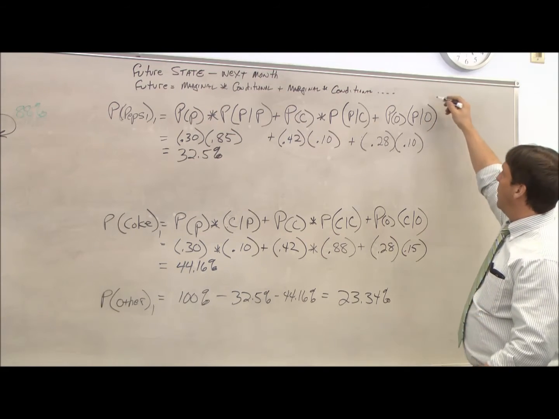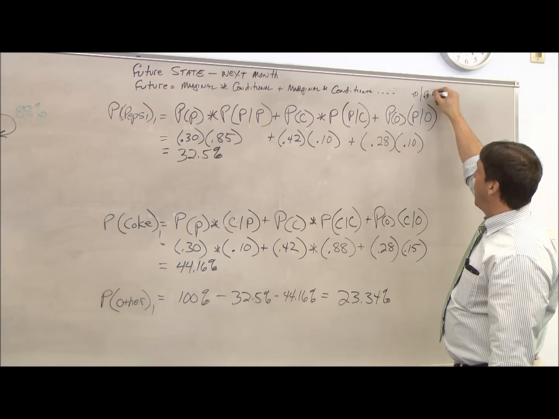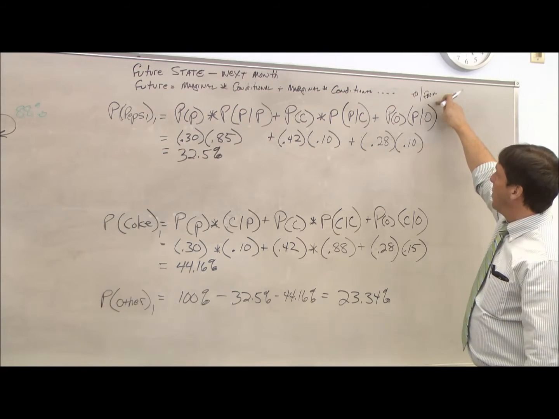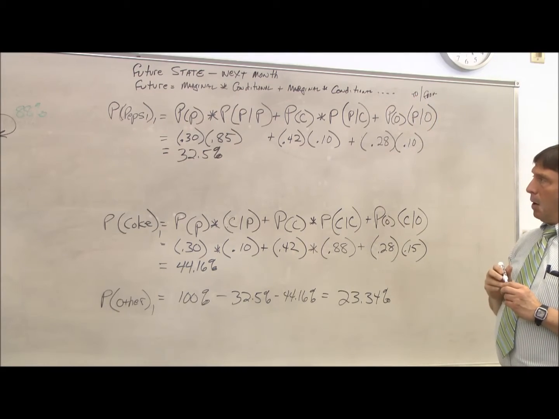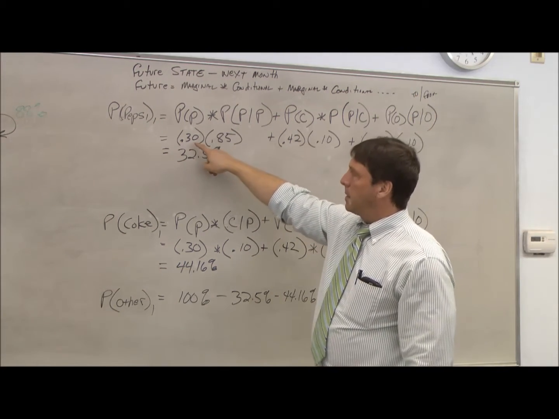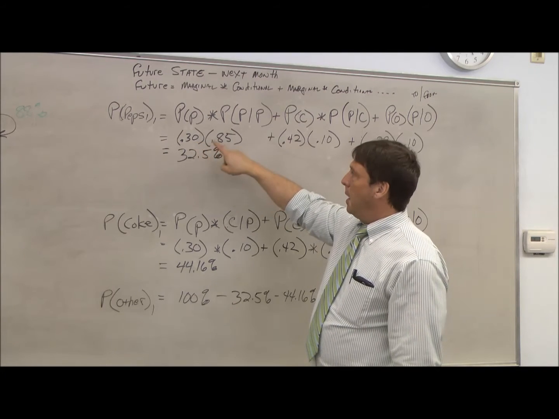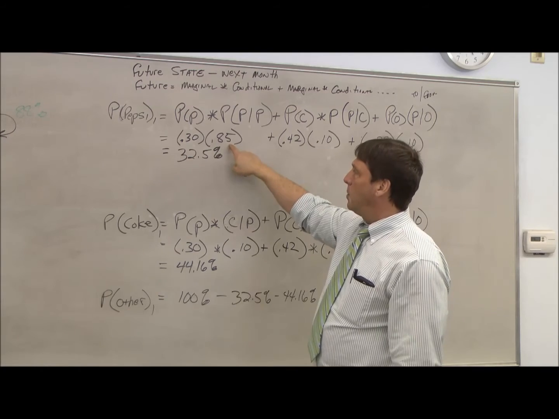So this is read kind of in to from format. So from here to there. All right? So we plug in the numbers. We were given in our current state that Pepsi has a 30% market share and an 85% retention rate.